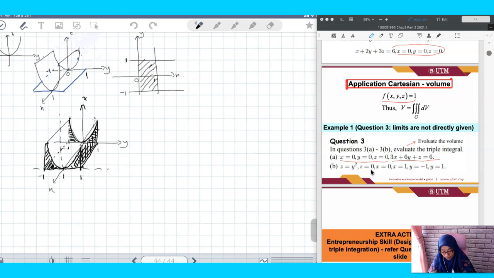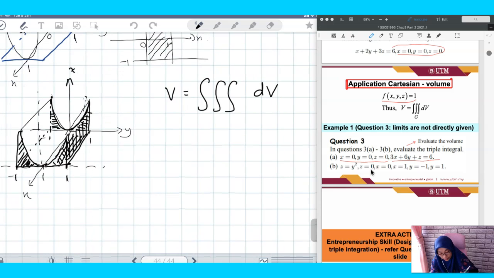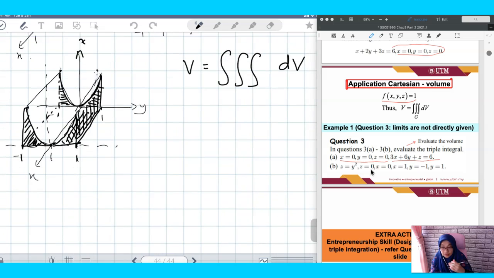Now, based on the question asking for finding the volume using the triple integral dV, you have to determine what type of solid we have.